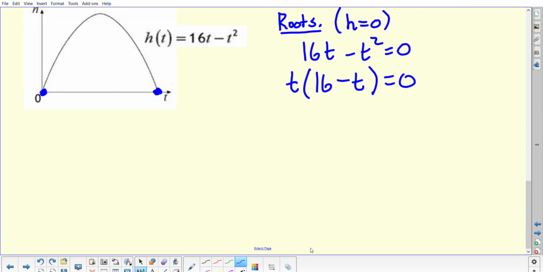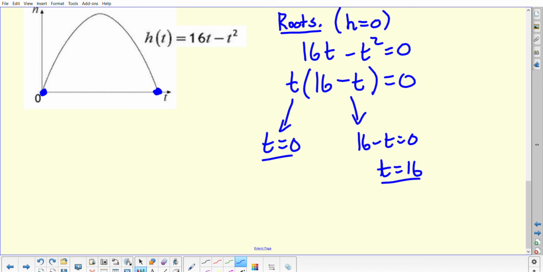And from that I get t equals 0, and 16 minus t equals 0, which would mean t needed to be equal to 16, since 16 take away 16 is 0. So what I now know is that I've got 0 here and 16 here. So the maximum turning point is going to happen halfway between these, at t equals 8.